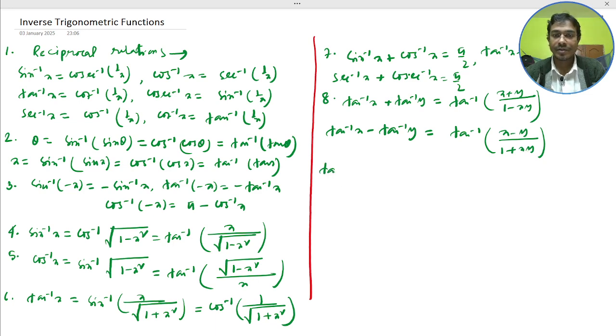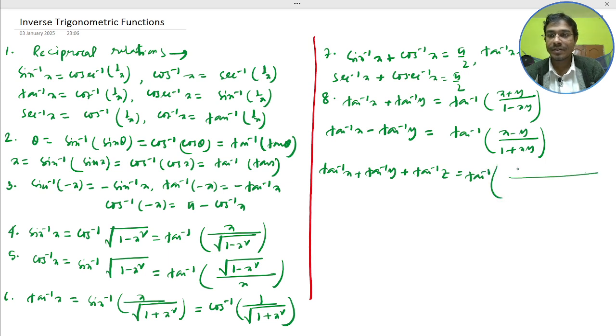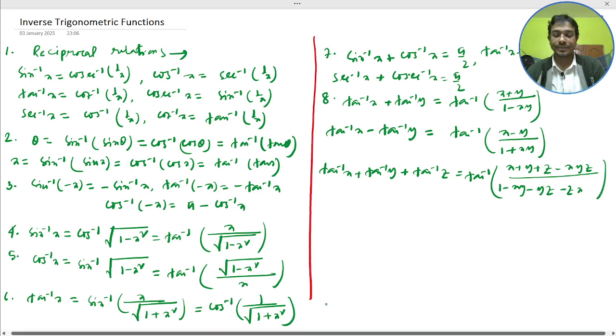Next, tan inverse x plus tan inverse y plus tan inverse z is equal to tan inverse of x plus y plus z minus xyz divided by 1 minus xy minus yz minus zx.